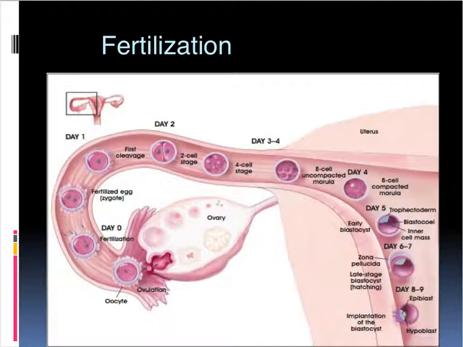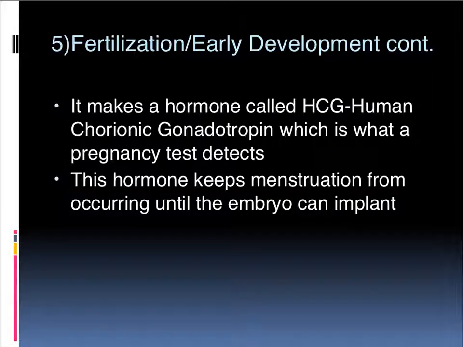Again, this is an image of fertilization, from the release of the egg to fertilization and the traveling of the zygote down the fallopian or uterine tubes all the way to implantation. Now, if fertilization takes place, a hormone is made called HCG, or human chorionic gonadotropin.